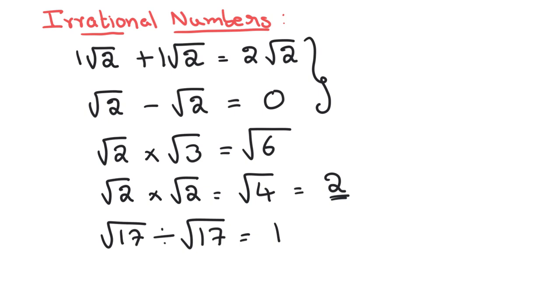So when it comes to irrational numbers, the sum, the difference, the product, the quotient may or may not be irrational. Got the point? So we say that irrational numbers are not closed under addition, subtraction, multiplication, and division.